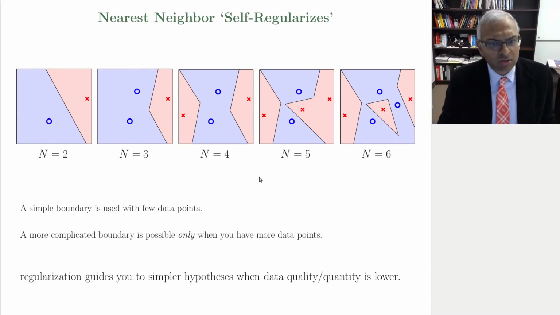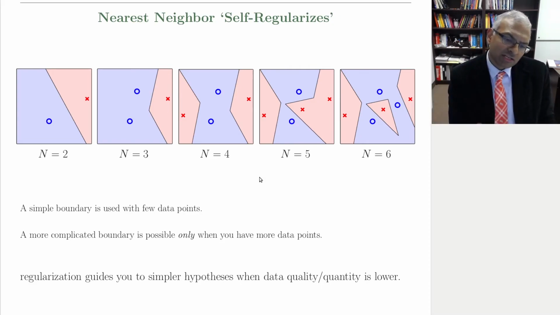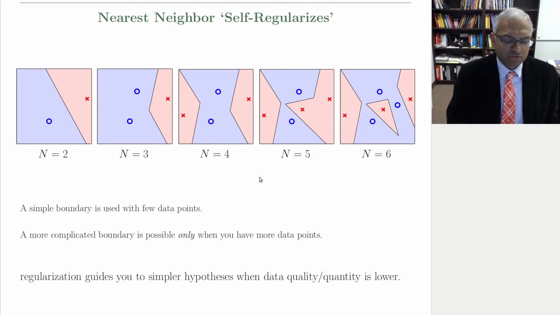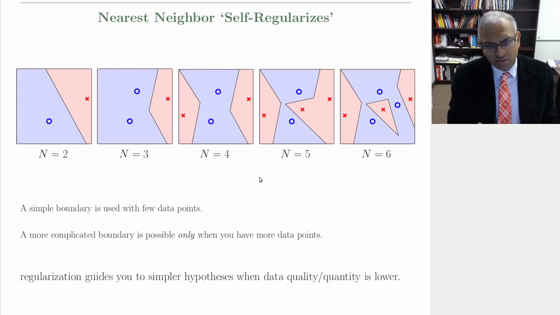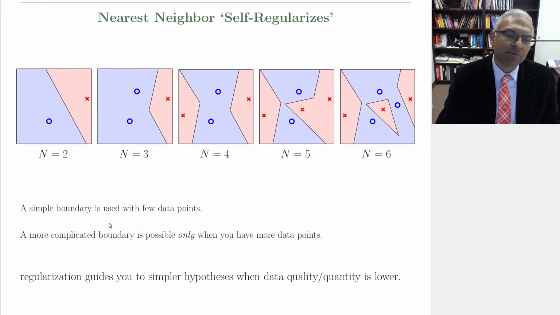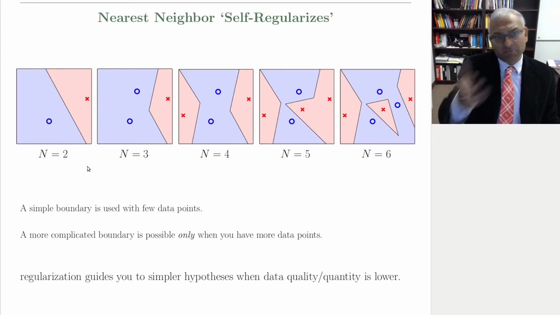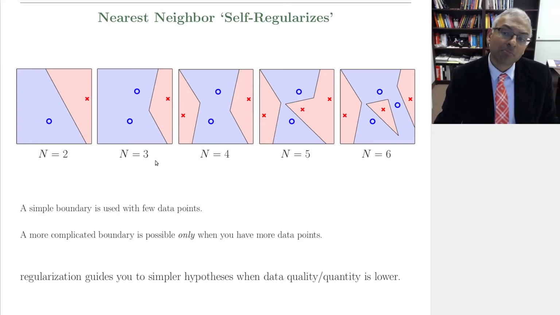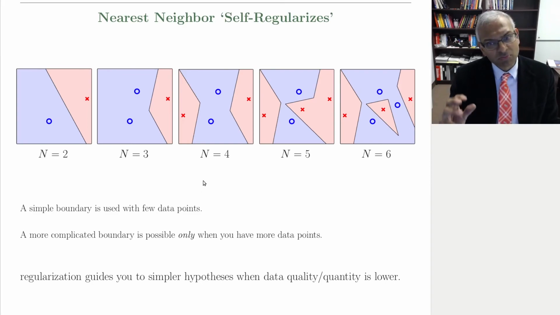Now let's think back to regularization. Regularization guides the learning towards simpler hypotheses to prevent you from fitting noise, and you need more regularization when you have less data. A similar thing is going on here. When you have a small number of data points, the nearest neighbor boundary is simple. It's as simple as it can be. It's just a line. It's only when you have more data points that the nearest neighbor boundary becomes more complex.